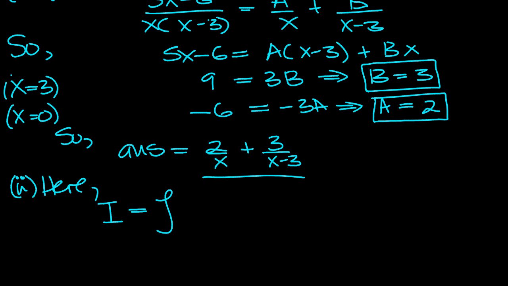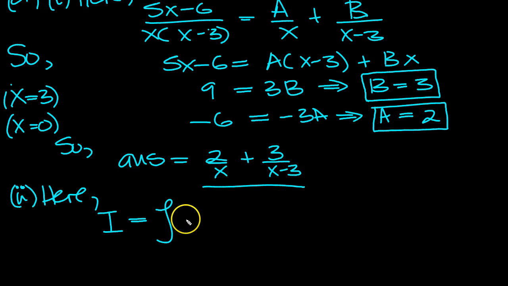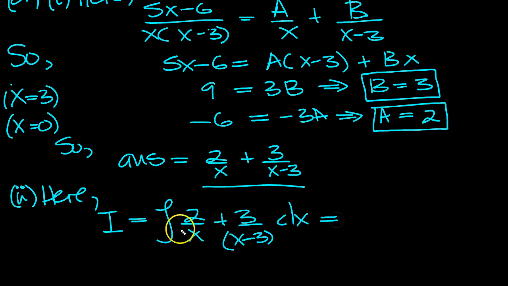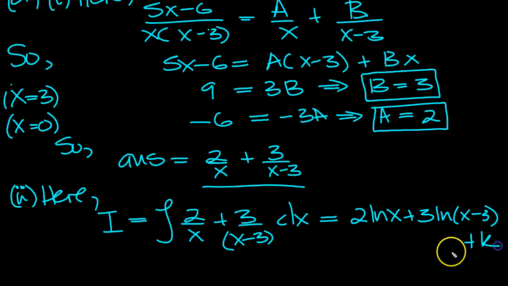We can just replace it by this stuff here, can't we? 2 over x plus 3 over (x minus 3) dx is equal to, this is a log, 2 lots of, standard integral, log of x, plus 3 lots of, let's just try writing log of (x minus 3). And that differentiates to 1 over the something, multiplied by the something differentiated, which is 1. So 3 ones are 3, so that's fine. Plus a k, constant of integration. So there's part 2.